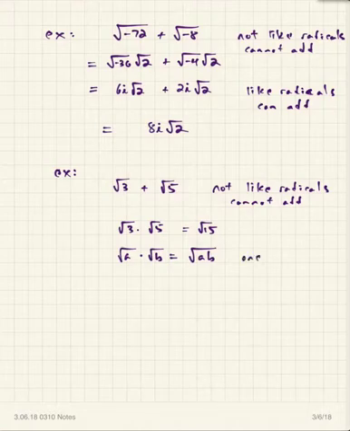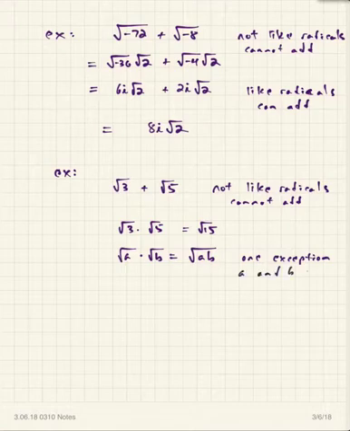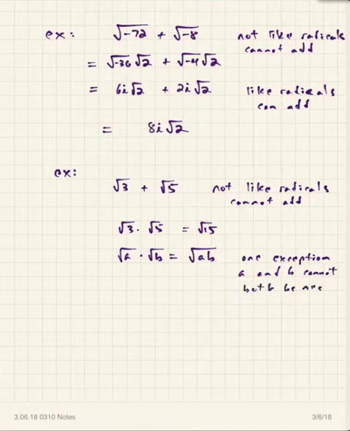There's one time when you are not allowed to multiply two square roots together. A and B can't both be negative. A and B cannot both be negative. So you cannot multiply them together if they're both negative.